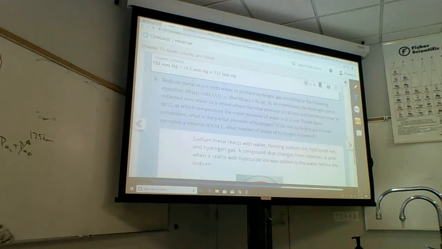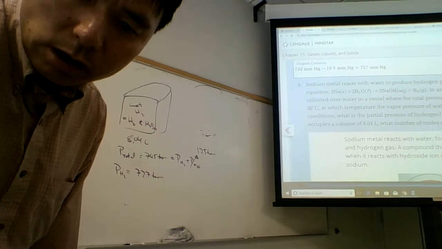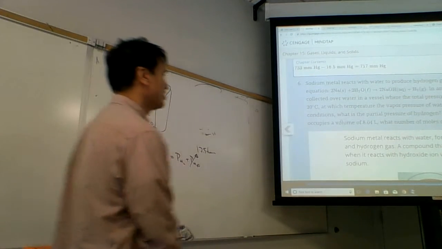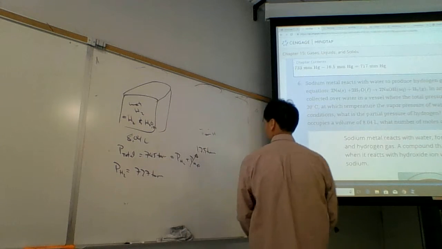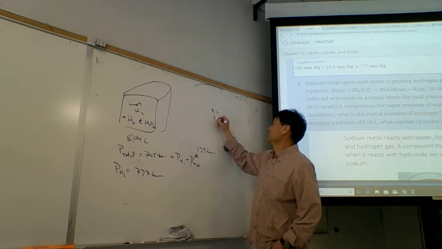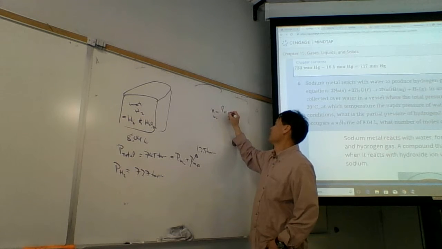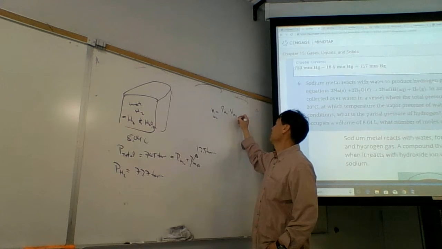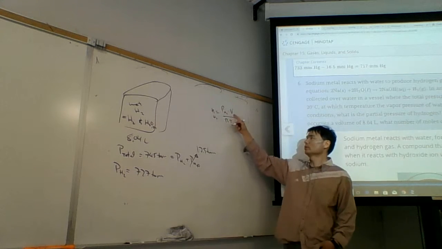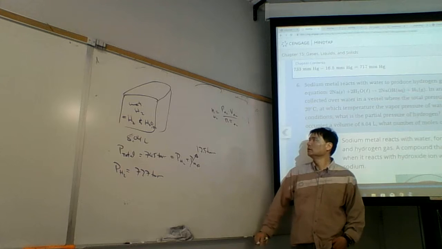Does that look right? Okay, now the next thing we're going to do, they want us to calculate the moles of hydrogen that are formed. And so the moles of hydrogen are going to equal the pressure of the hydrogen times the volume of the hydrogen over RT, the temperature of the hydrogen. So it's important that we get the right pressure and the right volume.